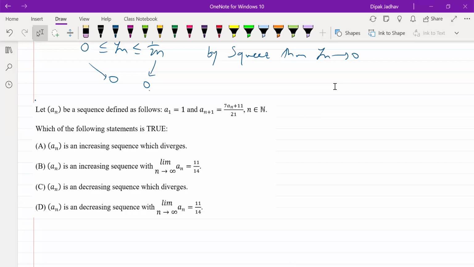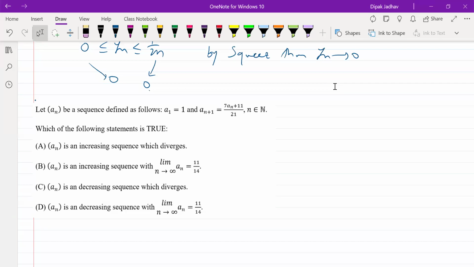Which of the following statements is true? a_n is an increasing sequence which diverges. a_n is an increasing sequence and the limit is 11/14. a_n is a decreasing sequence which diverges. a_n is a decreasing sequence which converges to 11/14.